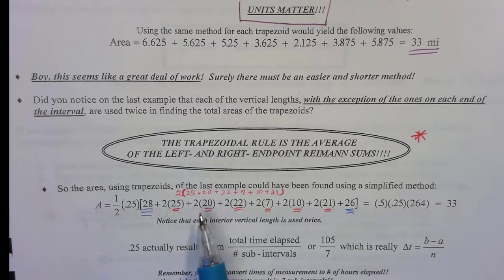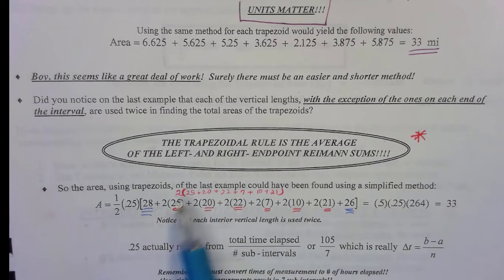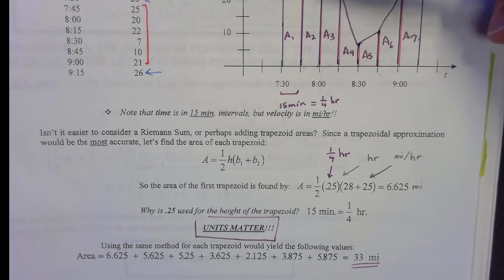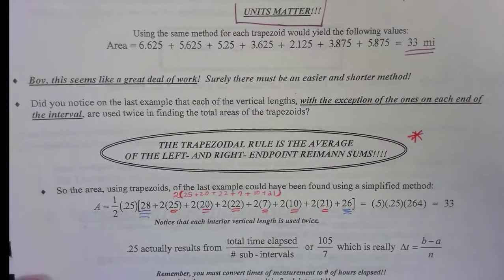Shorter and easier method. Well, you could take the left and right endpoint Riemann sums and average them. Why? The left endpoint, if I made a rectangle, I would use this one. If I did a right one, I would use this. You'll notice these are getting used twice. This is getting used once. That's how it's done.